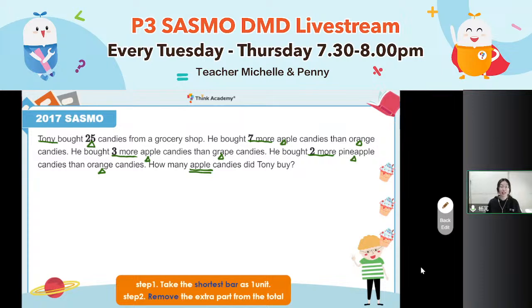You can compare the apple candy and the orange candy first. And then the apple candy and the grape candy. Next step is pineapple candy and orange candy. Try your best. It's okay. Don't worry, I'm here.